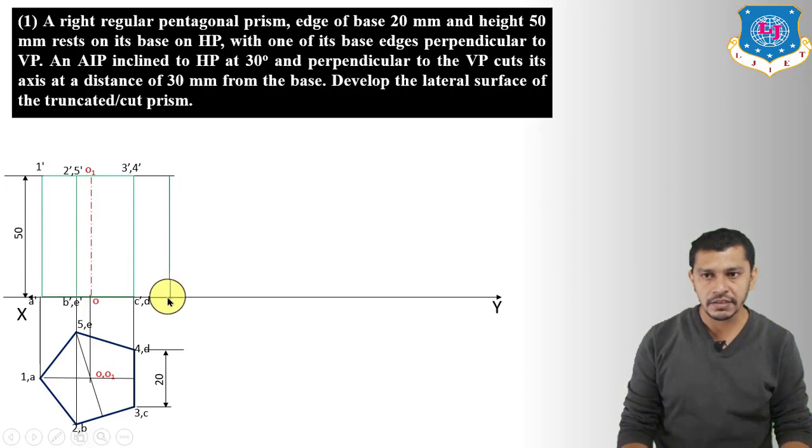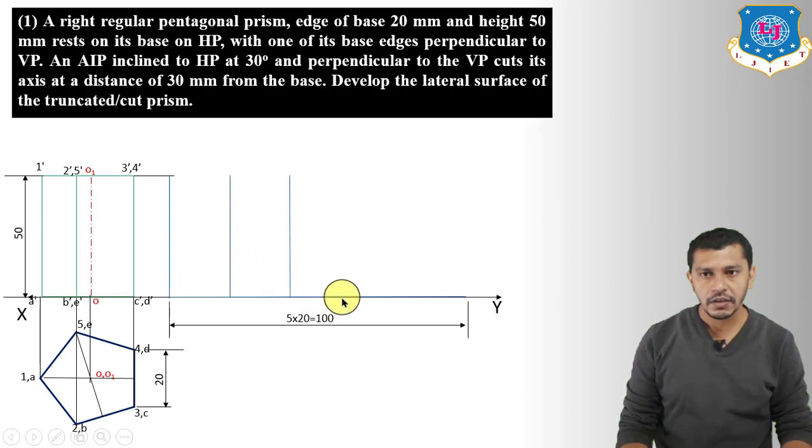Now measure the length of 5 into the side length of the base of the prism, which will be equal to 5 into 20, which will be equal to 100. Now divide this line into 5 equal parts to show the other rectangular faces of the pentagonal prism.